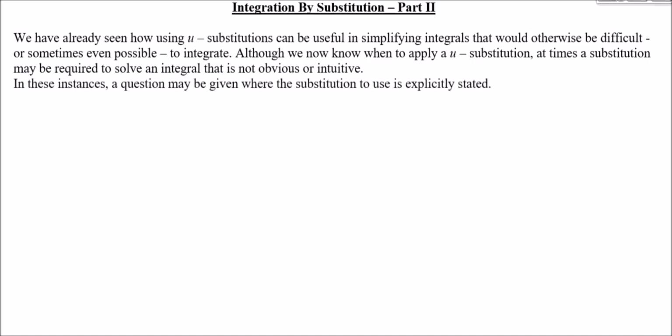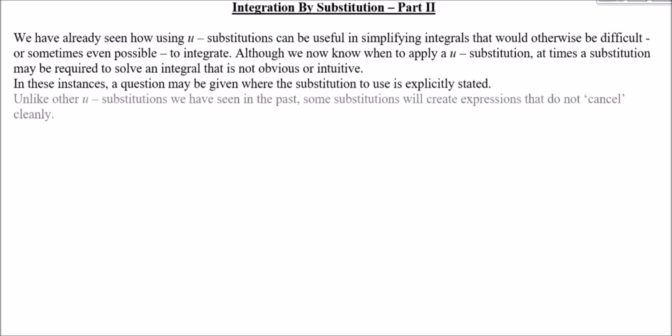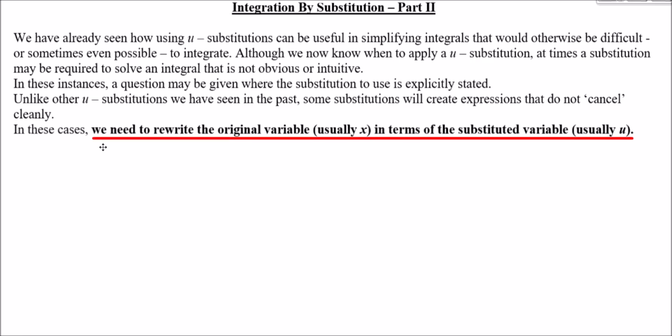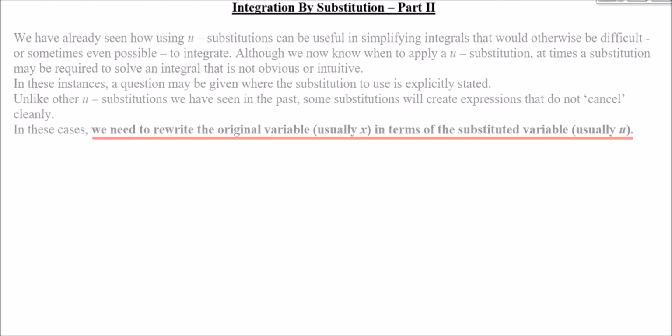So in these instances, a question may be given where the substitution to use is explicitly stated, and unlike other U substitutions we've seen in the past, some of these substitutions will create expressions that do not cancel cleanly. So in these cases, what we need to do is rewrite the original variable, usually x, in terms of a substituted variable, which is usually, of course, u. So let's have a look at some together.